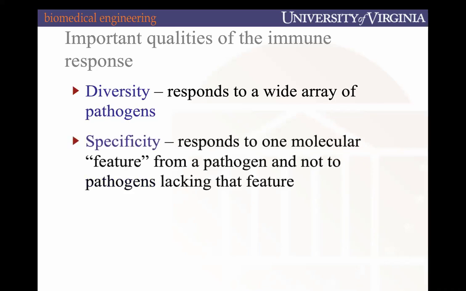In addition to that, there's a specificity that exists within our immune system. And this is all going to differ in degree between innate and adaptive. But the specificity here is that there are features on these pathogens, these structures or patterns, that certain receptors on our immune cells will recognize. Certain patterns of sugar molecules with proteins, or sugar molecules with lipids.